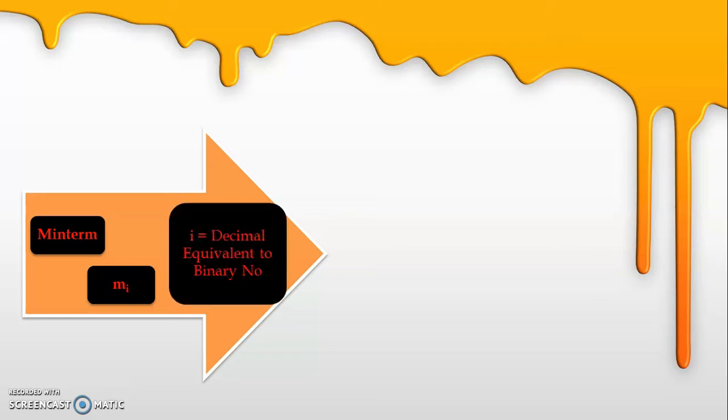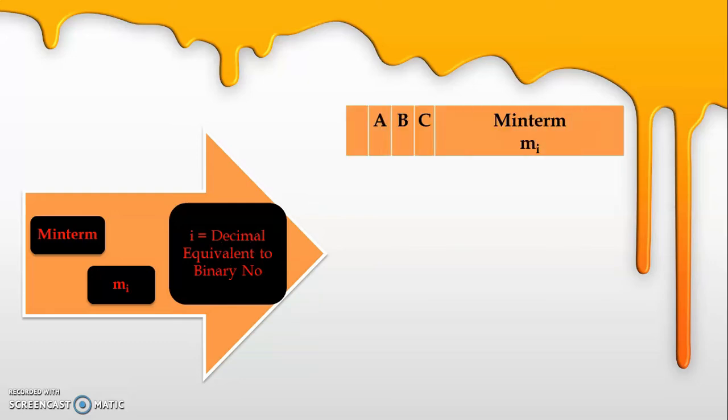So now let us understand minterms in detail. We have minterms. It can be indicated by small m and suffix i. Small m is for minterm, and suffix i is equal to the decimal equivalent of the binary number. Now suppose we take one example.